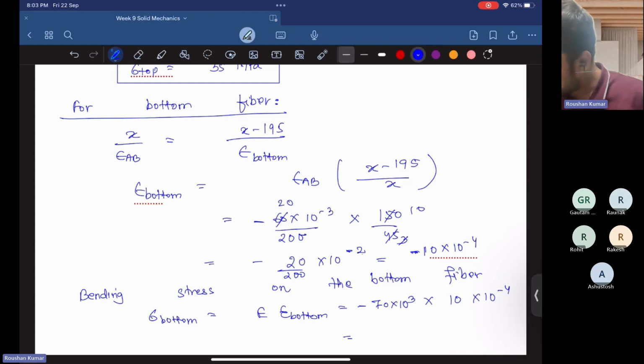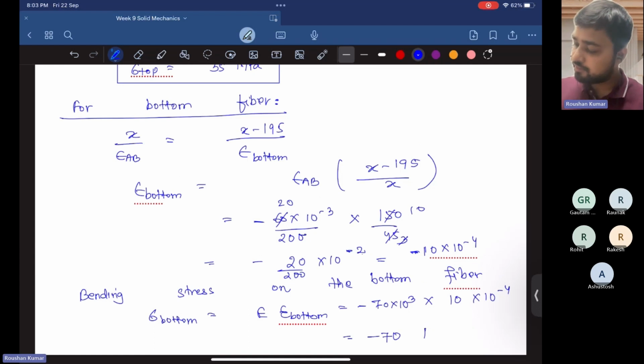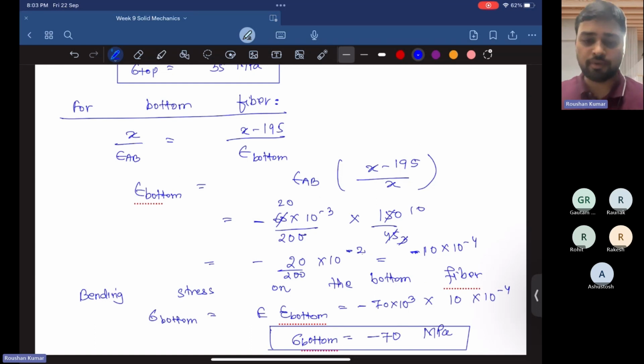So finally it's coming out to be minus 70 megapascal. Bending stress at the bottom fiber is minus 70 megapascal. So it is in compression. That's why it's coming out to be negative, minus 70 megapascal.